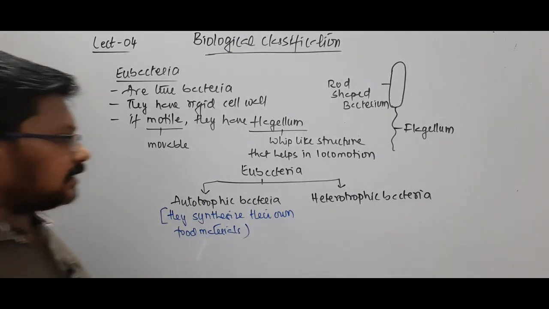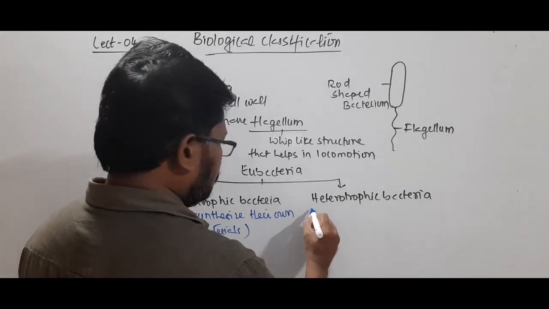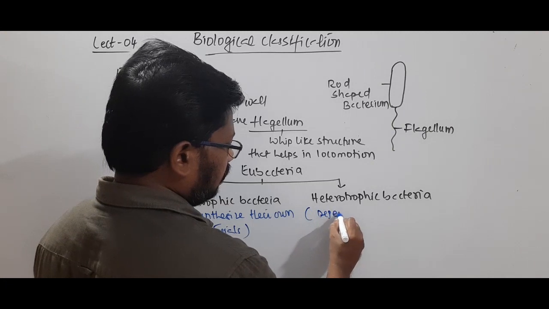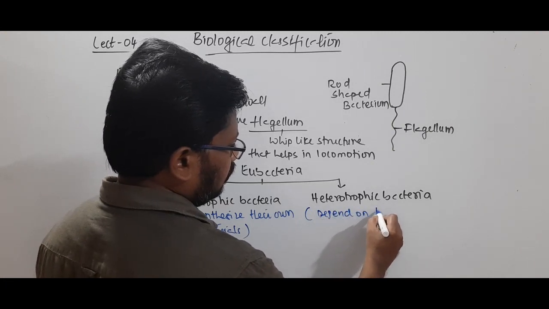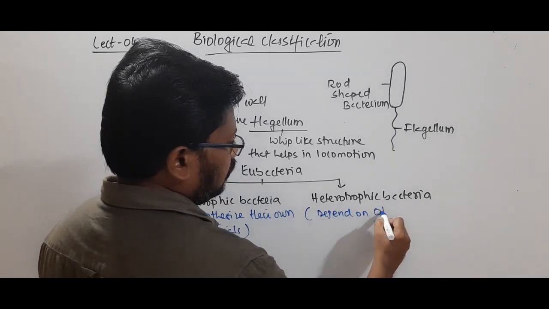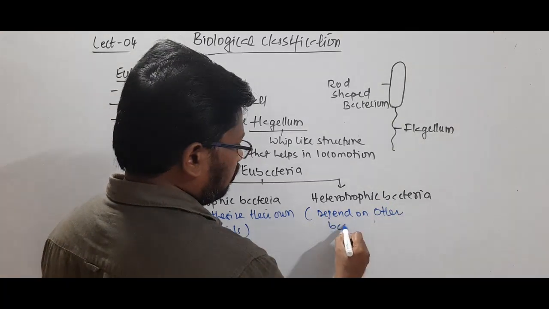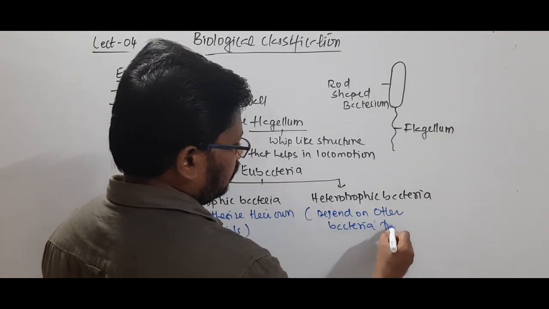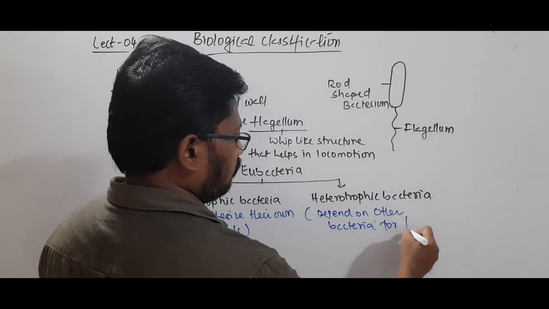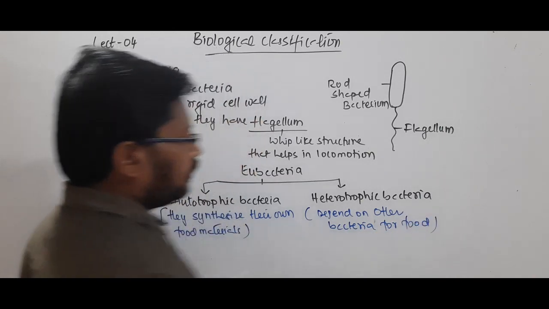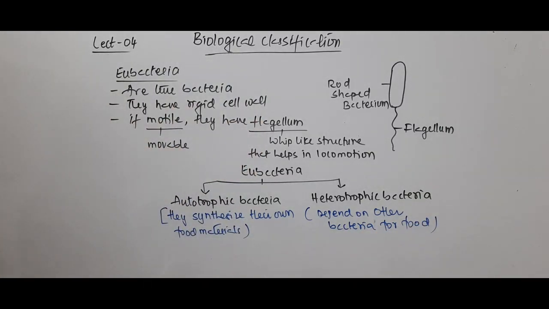Whereas heterotrophic bacteria depend on other organisms for food. So they are called heterotrophic bacteria, right? So autotrophic bacteria and heterotrophic bacteria.